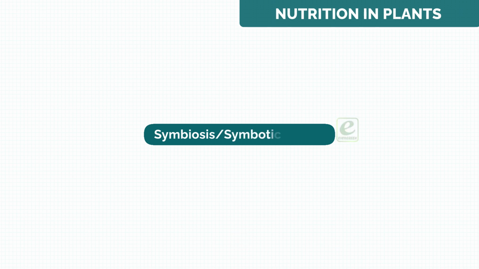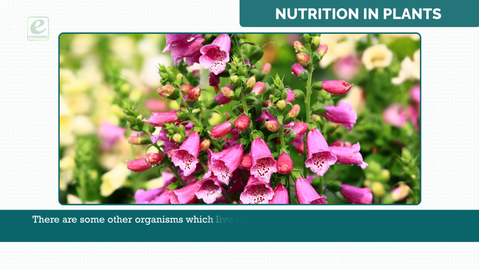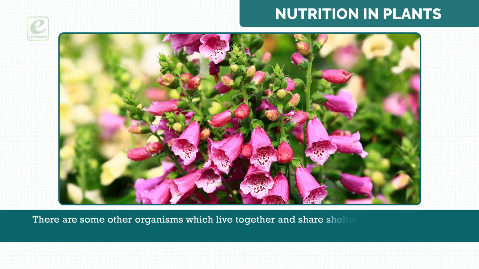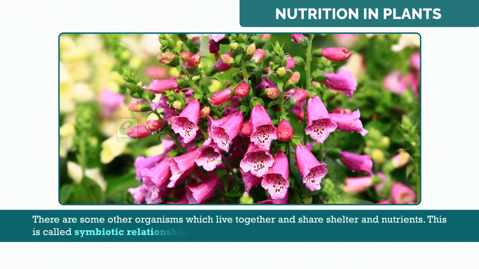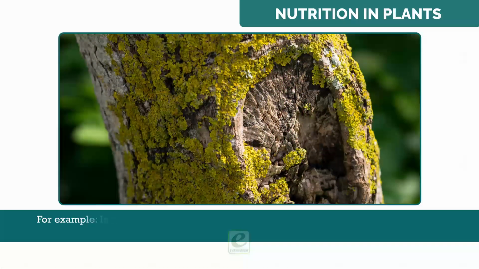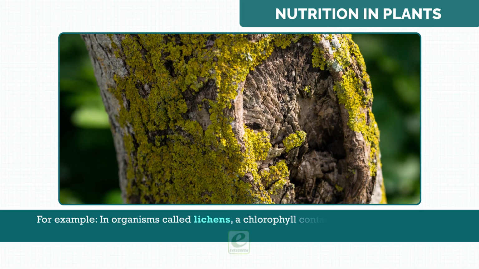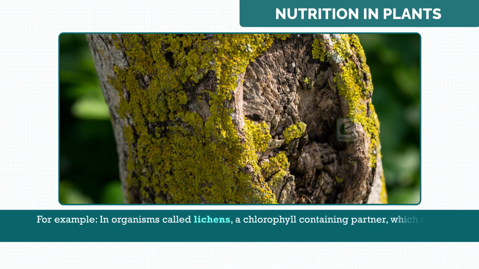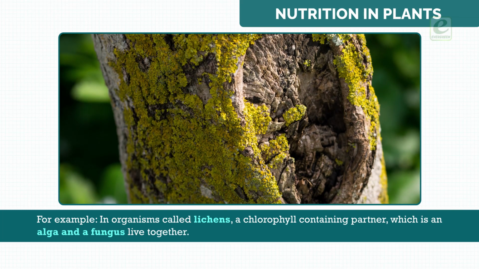Symbiosis or symbiotic plants. There are some other organisms which live together and share shelter and nutrients. This is called symbiotic relationship. For example, in organisms called lichens, the chlorophyll-containing partner, which is an alga, and a fungus live together.